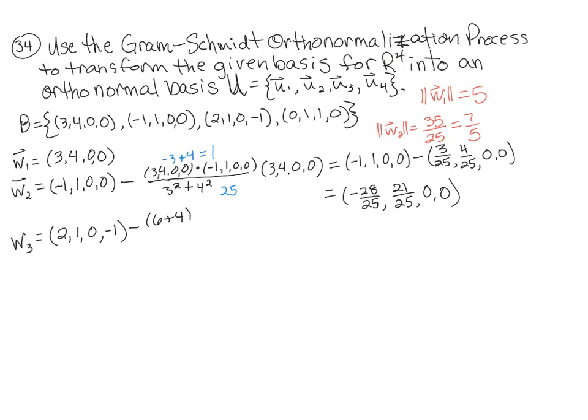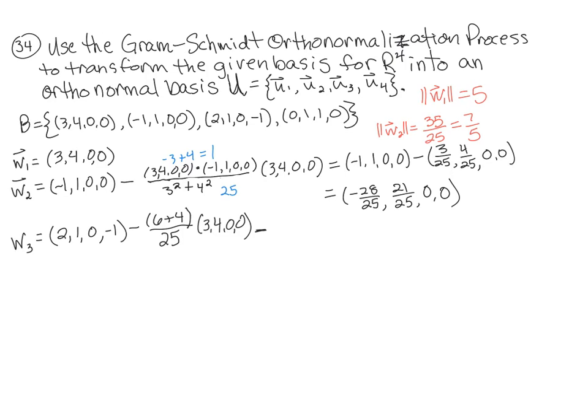So that's a 10 over the magnitude squared of the first vector times the first vector, minus the dot product of my current vector with the vector I just found. Now this is kind of gross, but hang with me here.